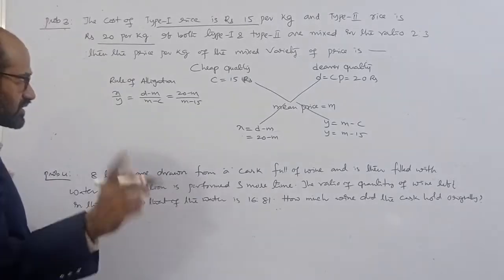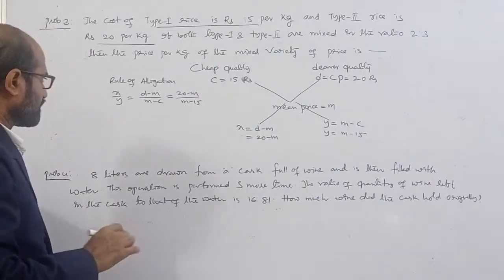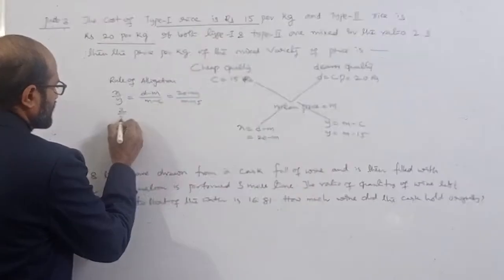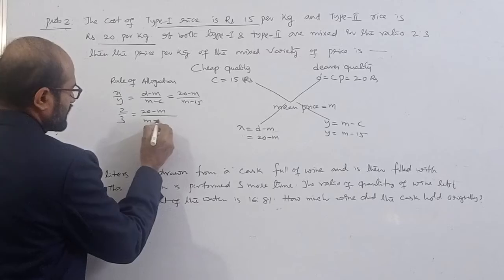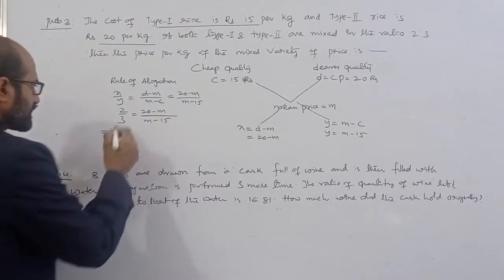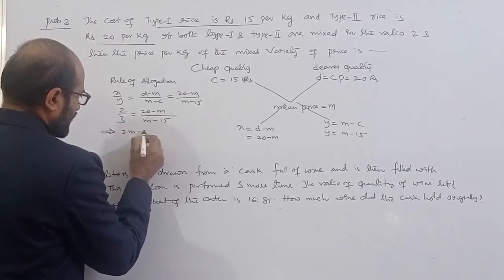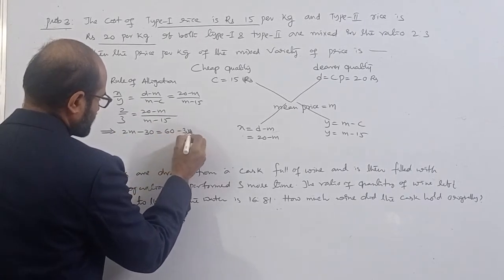But the ratio of type 1 and type 2 is already given. So that is 2 by 3 equal to 20 minus M by M minus 15. By solving this we get 2 into M, 2M, minus 30 equal to 3 into 20, 60, minus 3M.